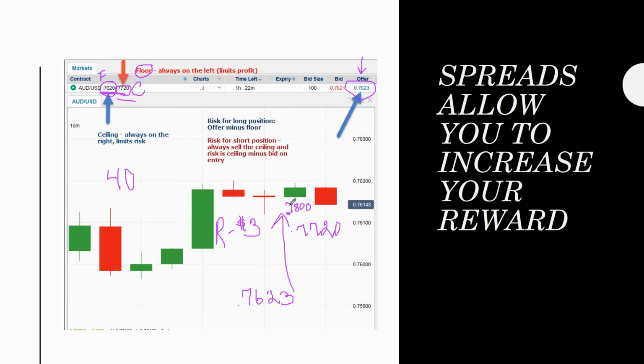So even if it moves up to 7,800, my profit is capped at 77.20. What would I make on this particular spread?